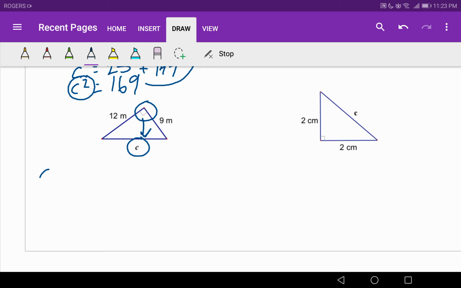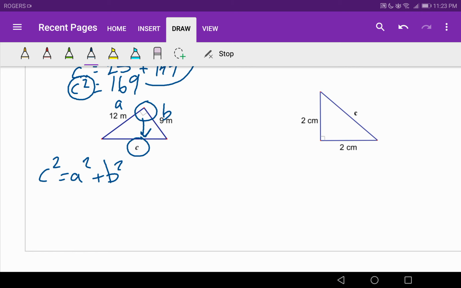So I can write out the formula: C squared equals A squared plus B squared. And does it matter what I assign A and B? No. I'll just make that A and I'll make that B, but they're interchangeable, as long as I know that I'm solving for C, the longest side.